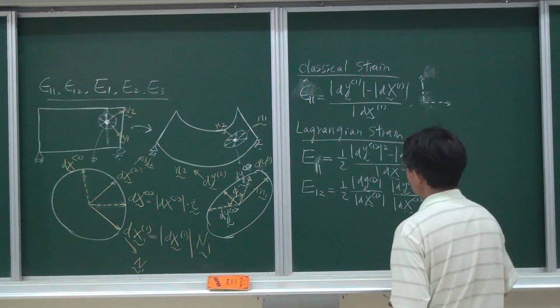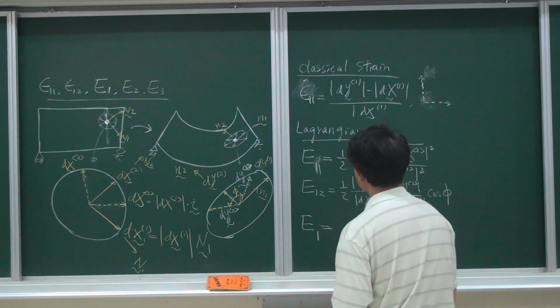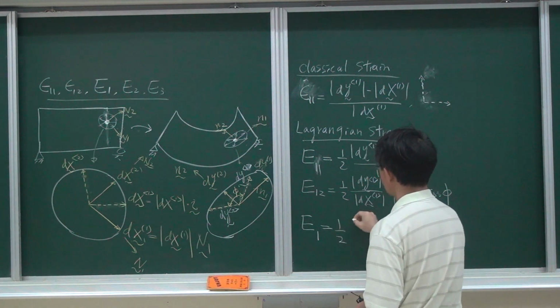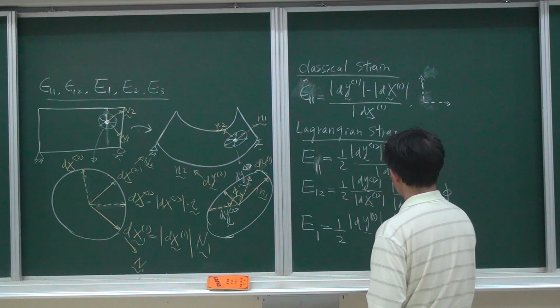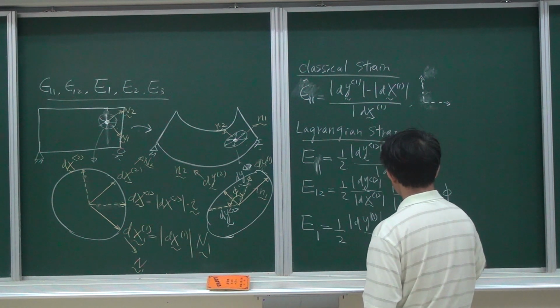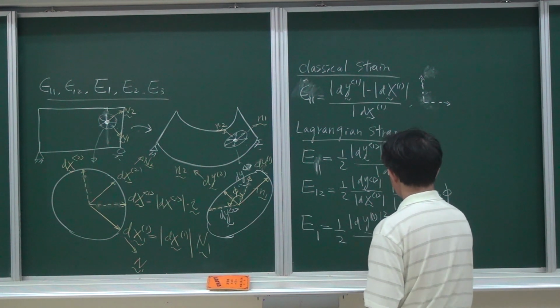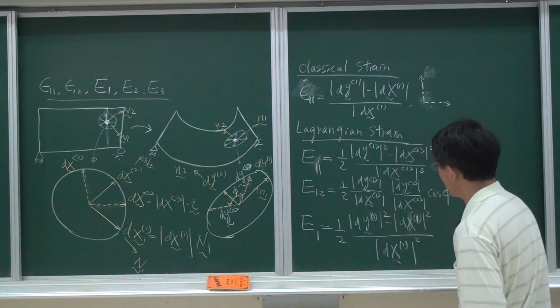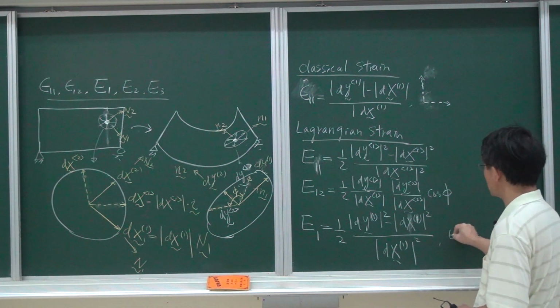And for the Lagrangian strain, we also have E1, and of course we have E2 too.